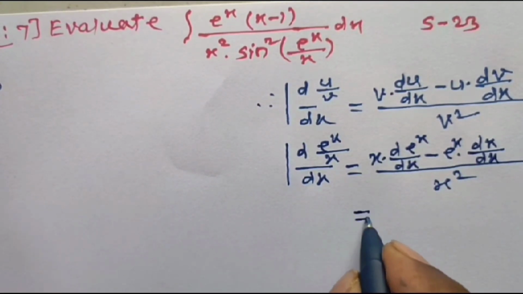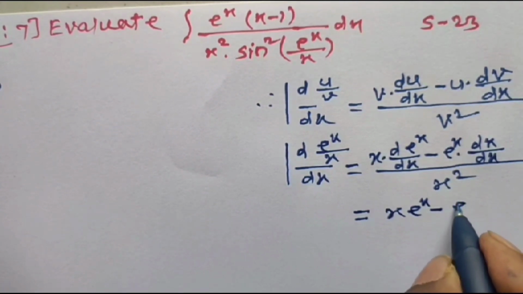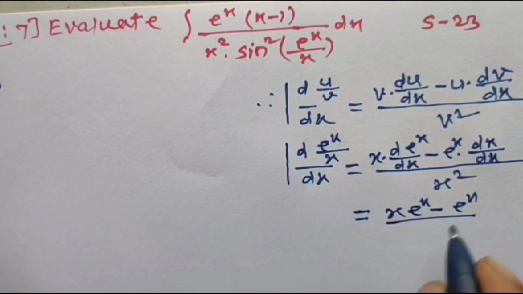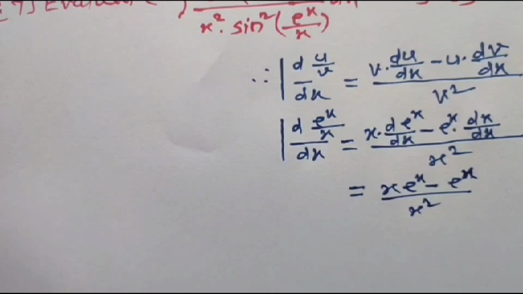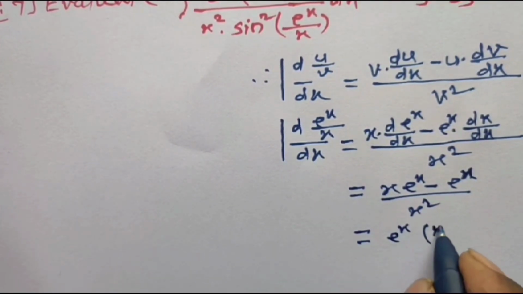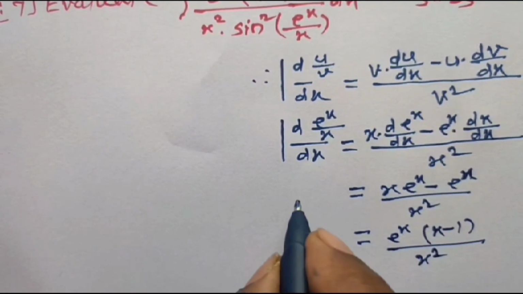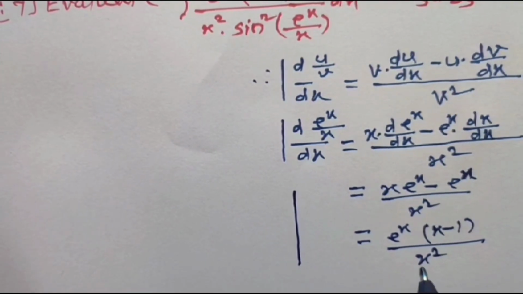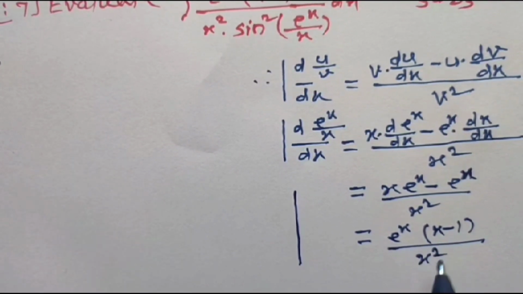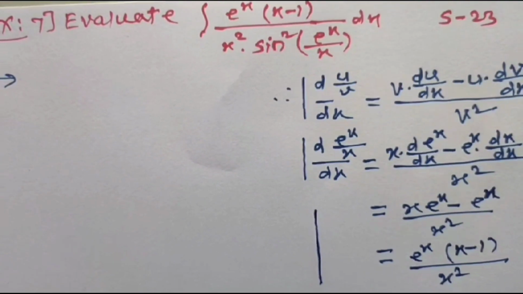This is equal to x into e to the power x minus e to the power x divided by x square, and taking e to the power x common, this is e to the power x into x minus 1 upon x square. So from the integral, separate this part, e to the power x into x minus 1 divided by x square, with dx, and use substitution.